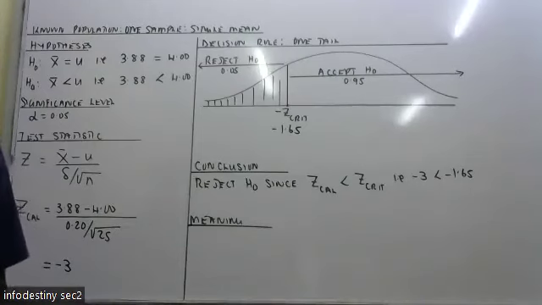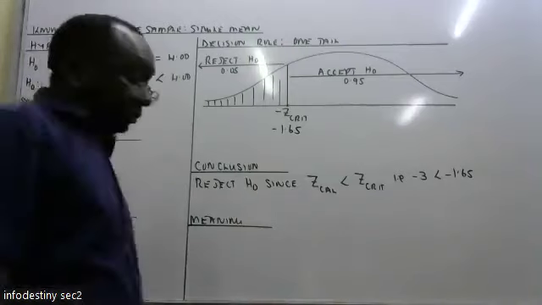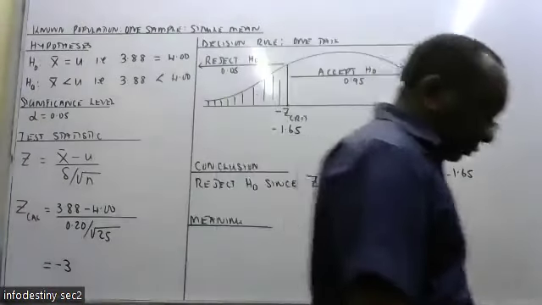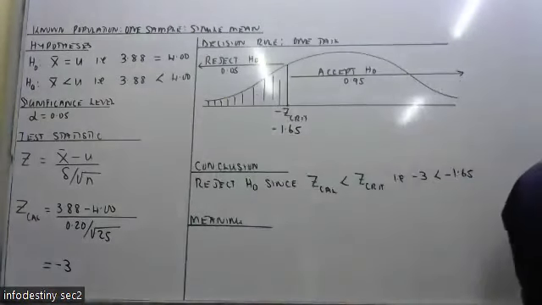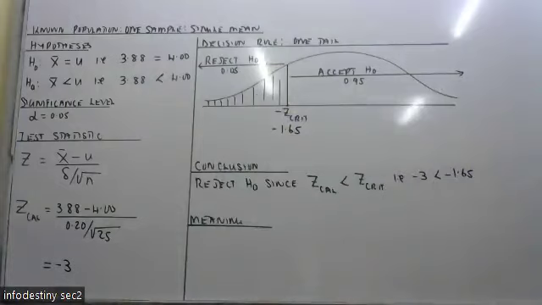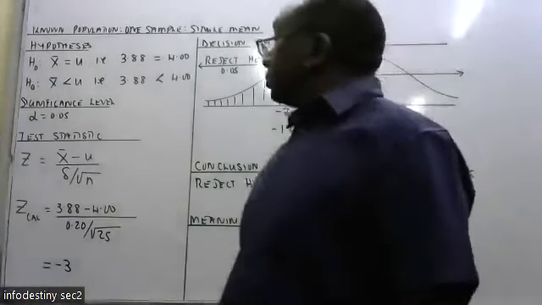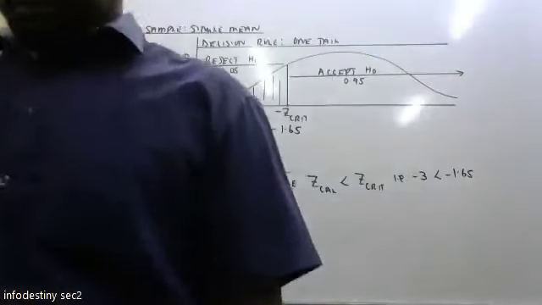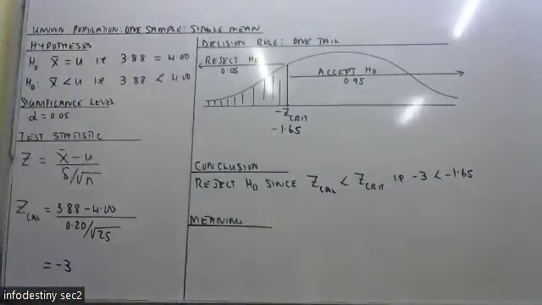Last year, a box of 15 of these plants received by mistake double the usual fertilizer. The mean height of the plants in the box was 55 centimeters. Is there any evidence at 5% significance level to suggest that the extra fertilizer has had a beneficial effect? Thank you, that's good. So is the population known?